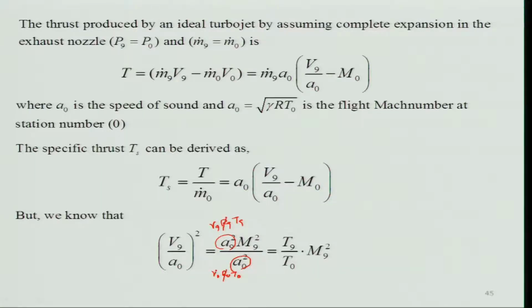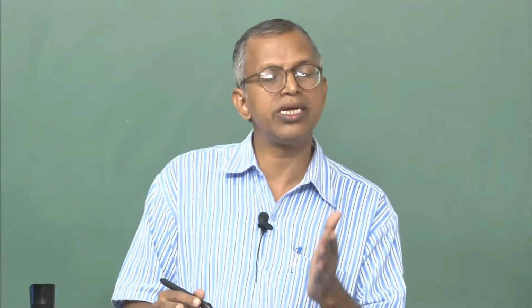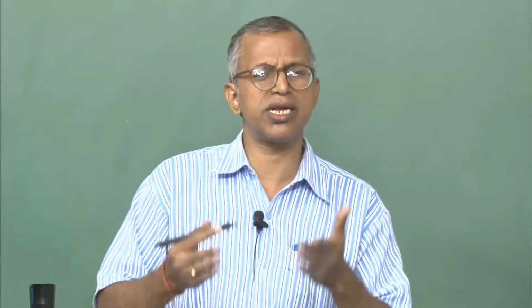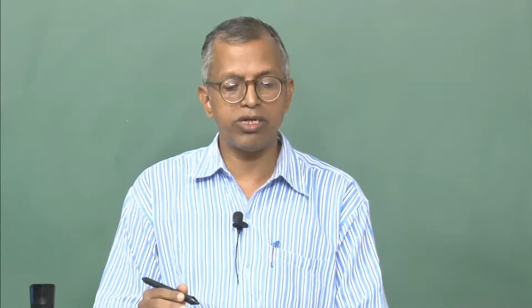So this cancels out, gamma is the same, and you land on T9 by T0 into M9 squared. We will be doing similar stuff, relating the various pressure and temperature parameters in each component. It's just an extension of what we had done for the ramjet engine.